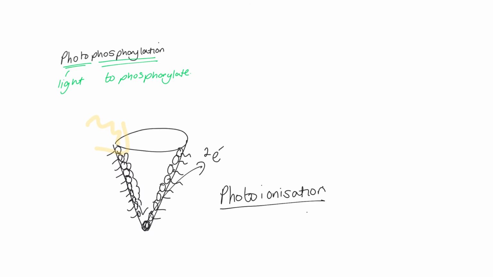So when light hits it, that excites the electrons. And this pair of electrons leaves the outer shell of the chlorophyll molecule, and they go to the first electron carrier in the thylakoid membrane.